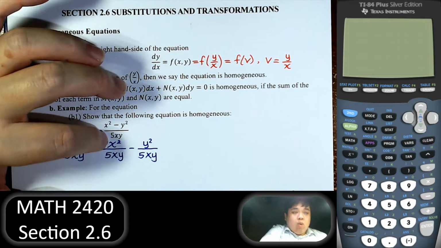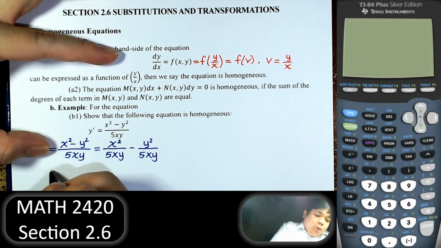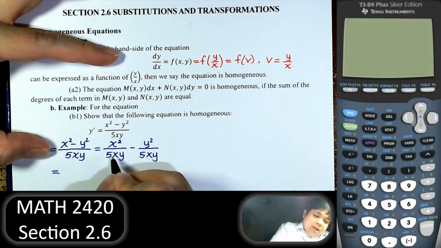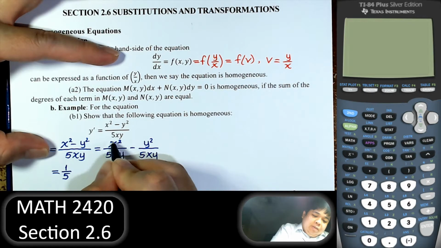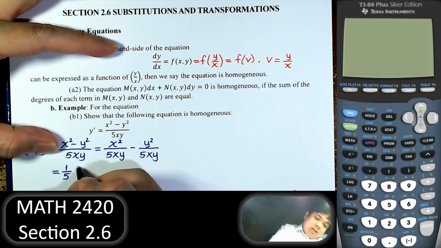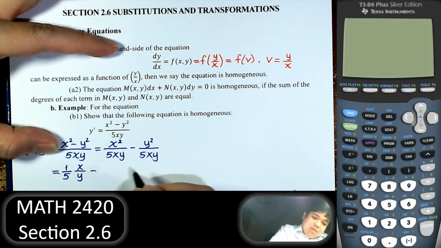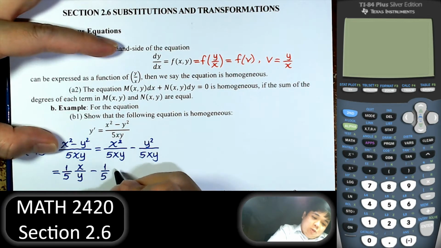Now, x squared cancels with an x at the bottom, y squared cancels with a y at the bottom. So when we do that, we will have 1 over 5 as a coefficient, and then x over y, and then minus, once again, 1 over 5. Cancel y with the y at the bottom, we have y over x.